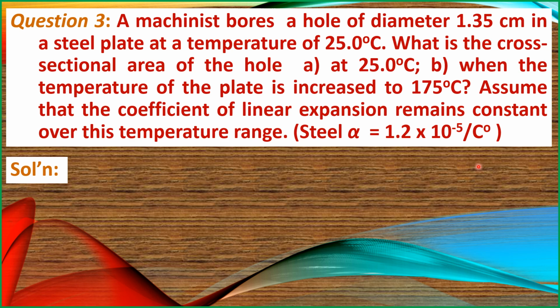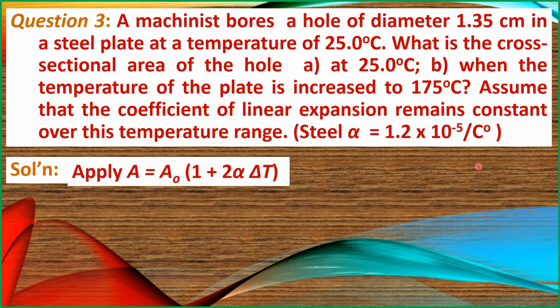So our solution will still be applying the same concept, but this time we're talking about change in the area, where capital A stands for the area of the hole at a higher temperature, while A naught is the initial area when the temperature is still low.